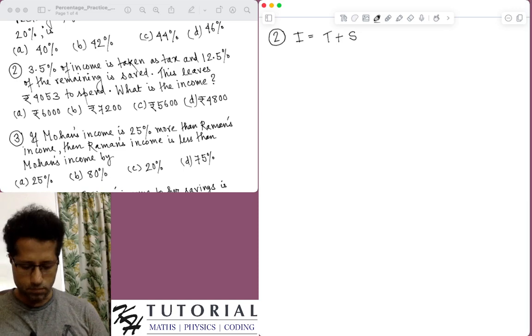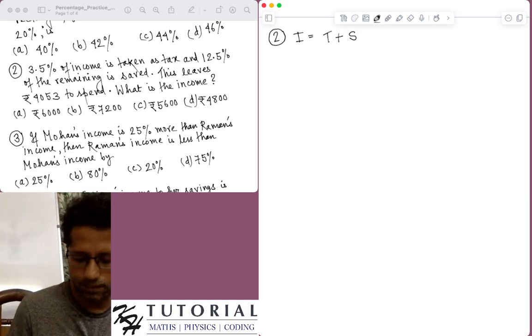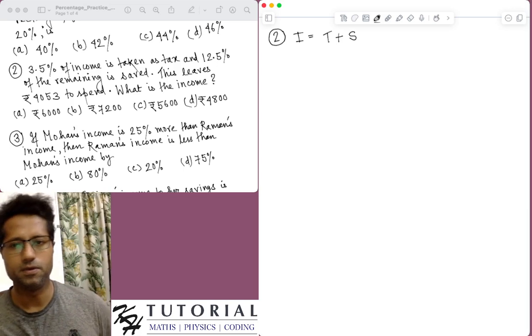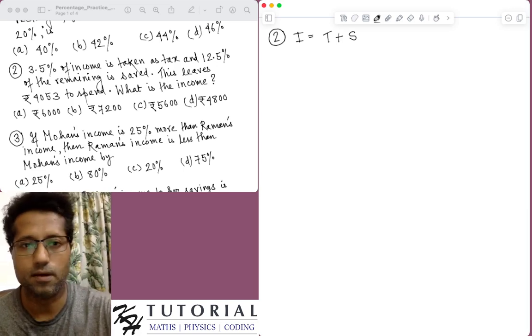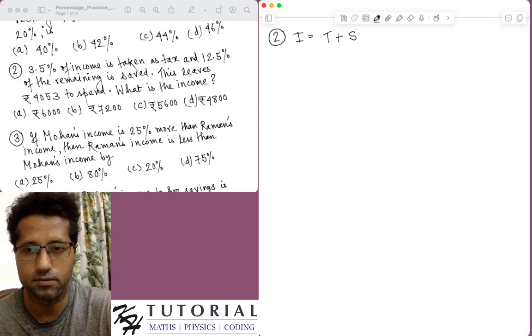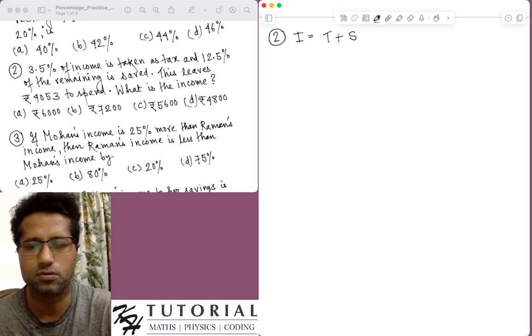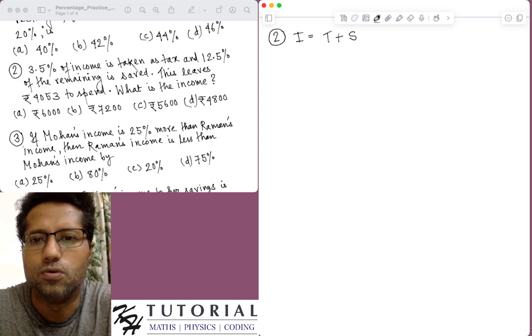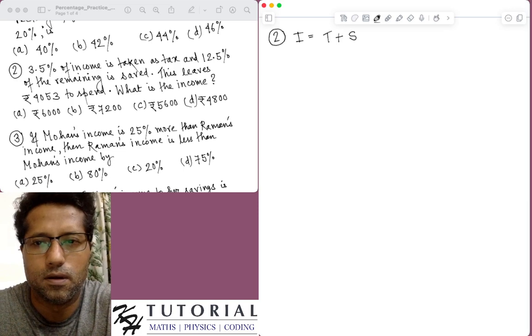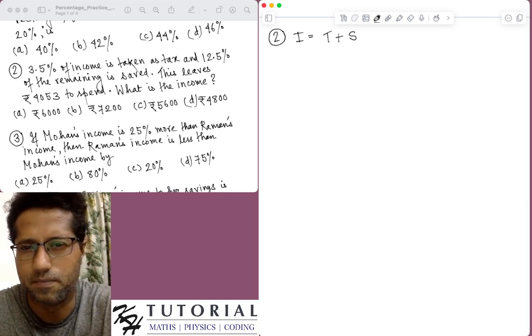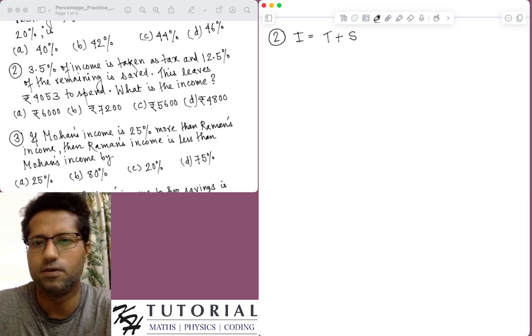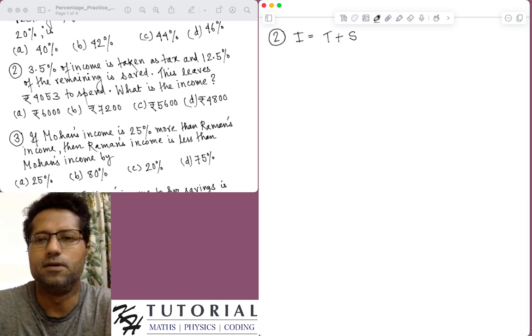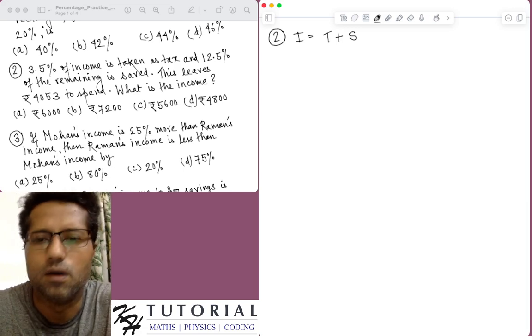Income is the total income in rupees, tax is the total amount in rupees that was taken as tax, and saved S means the total rupees that was saved, which can be used to spend. This is the basic mathematical formula: income equals tax plus the money that is saved.